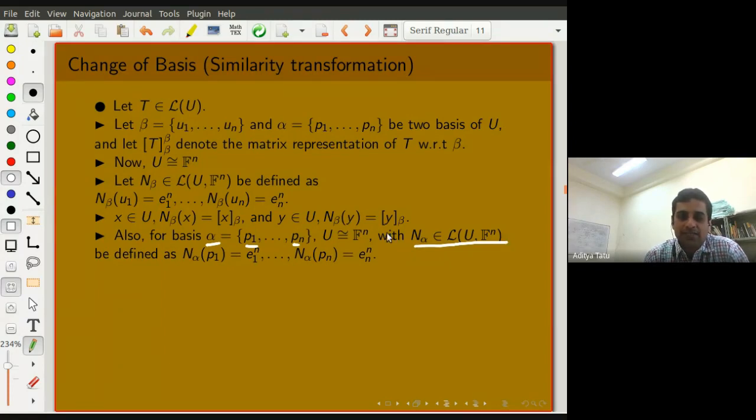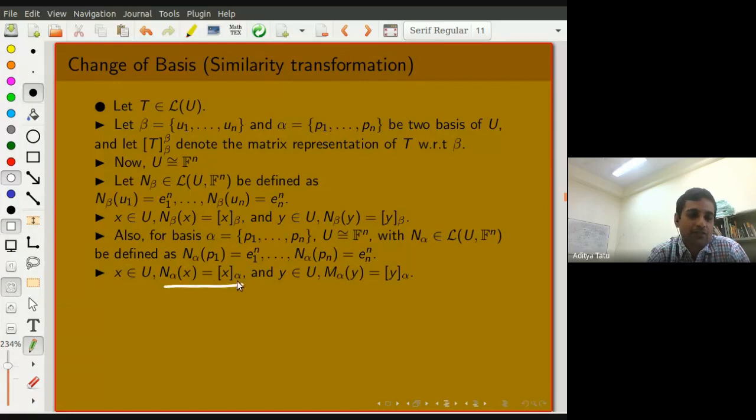So with the basis alpha, I can define n alpha, which is an isomorphism in an analogous way. And n alpha is going to give me nothing but the representation of the vector onto which it is applied. Sorry, there is a typo here. This should be A. Is that clear?